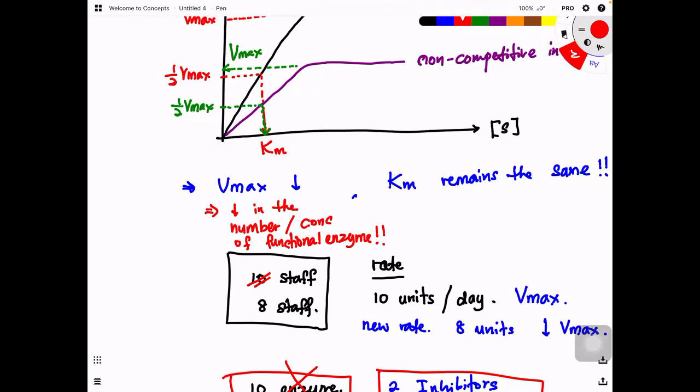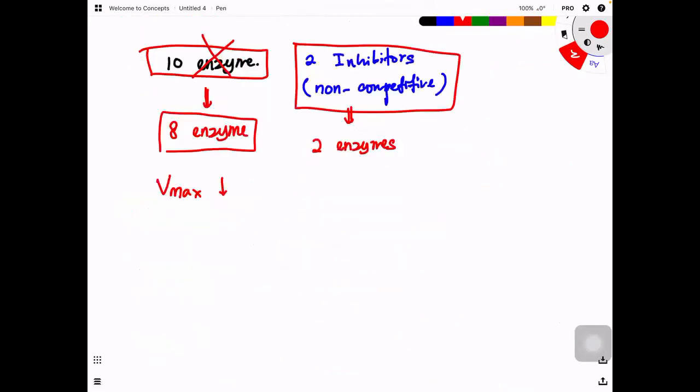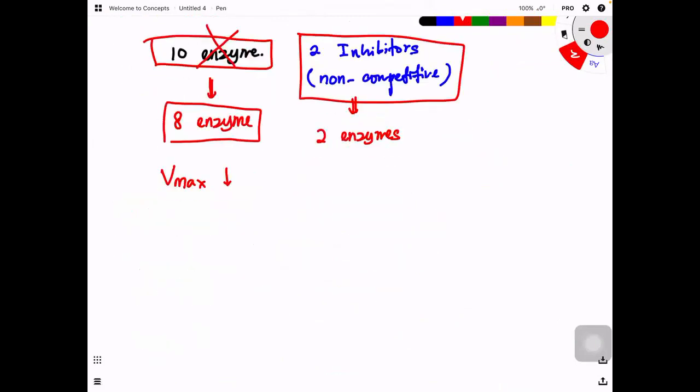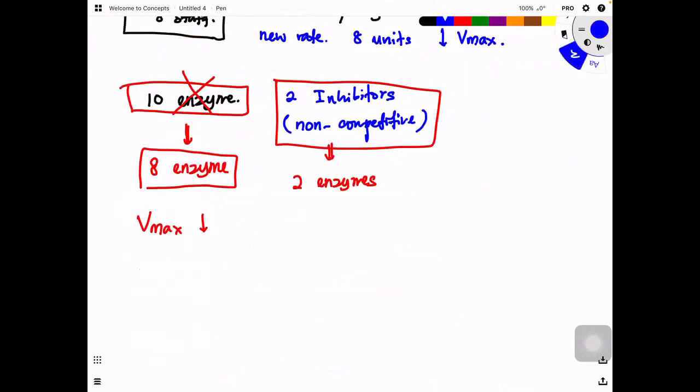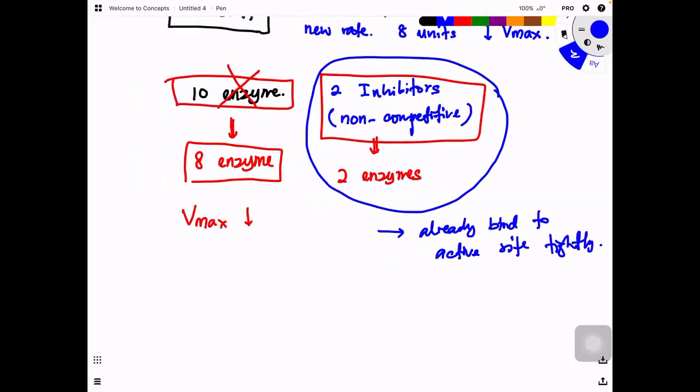Are you clear? But why does Km remain the same? Now look at this. These 2 inhibitors already bind to the active site permanently, tightly. So now these 8 enzymes, do they need to face inhibitor?